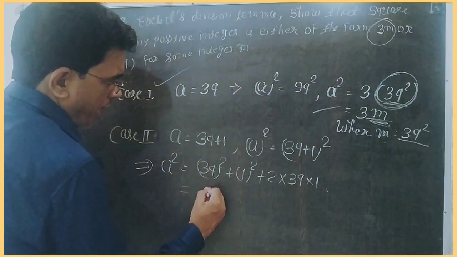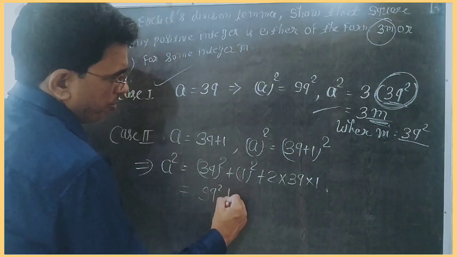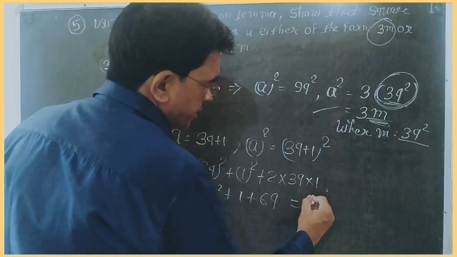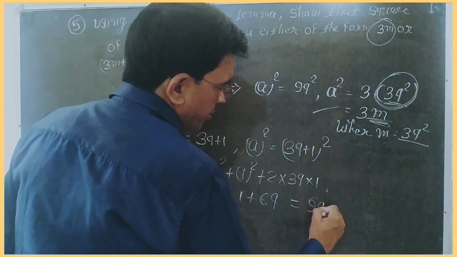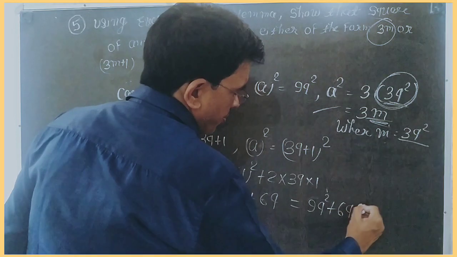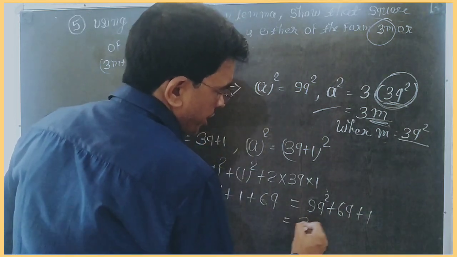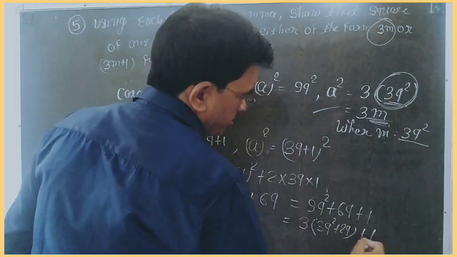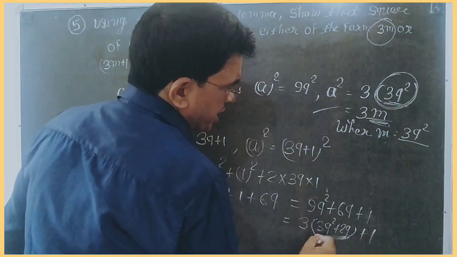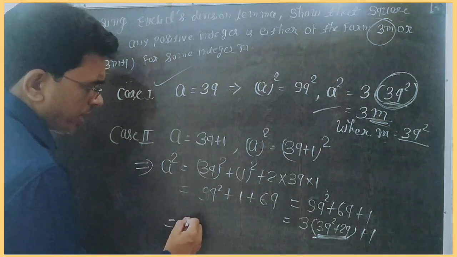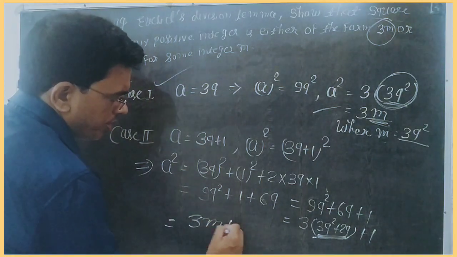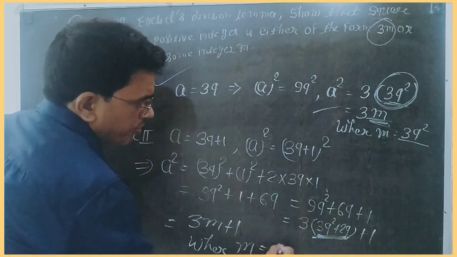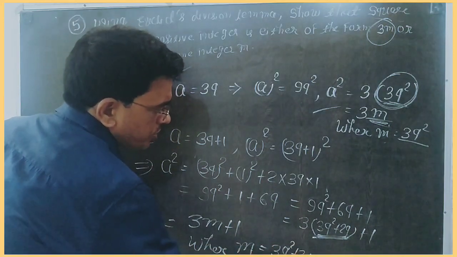You write here 9q square plus 1 plus 6q. Arrange it, 9q square plus 6q plus 1. 3 take common, 3(3q square plus 2q) plus 1. Now suppose it is m. So you get 3m plus 1, where m is equal to 3q square plus 2q.